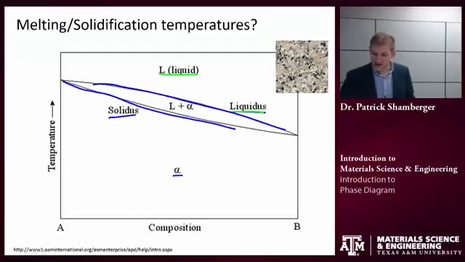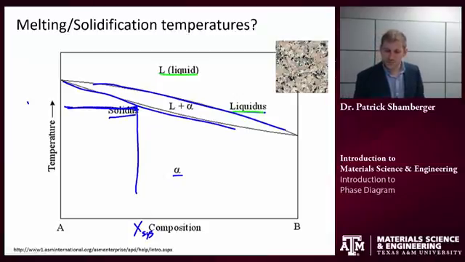Another way to think about this is the solidus is the temperature at which a material will start to melt. So if I have my system composition here, I heat it up at this temperature, that material will start to melt.